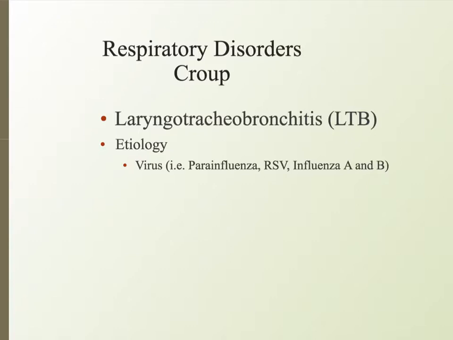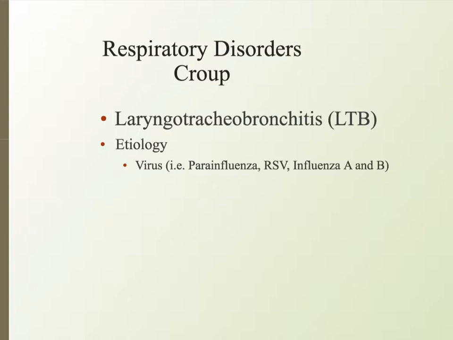Typically it's viruses such as parainfluenza or RSV, which precedes an upper respiratory infection and then descends into your other structures. Another virus that can cause laryngeal tracheobronchitis would be influenza A or influenza B.